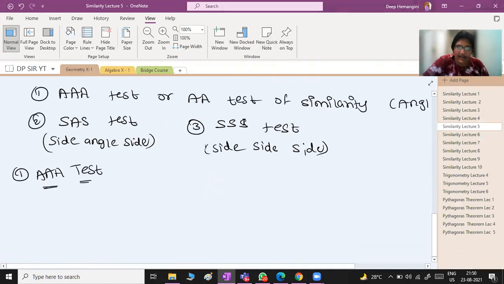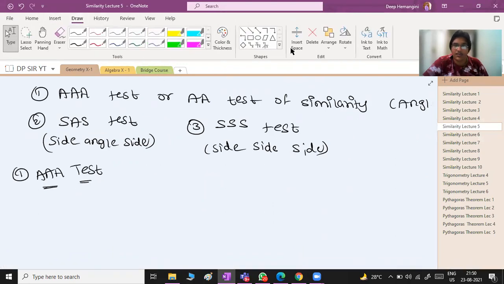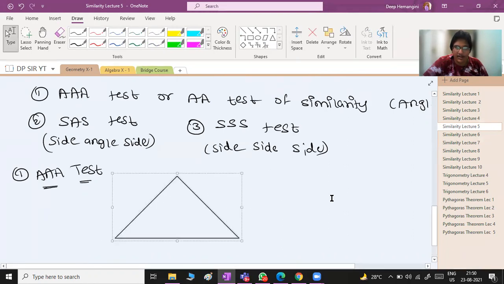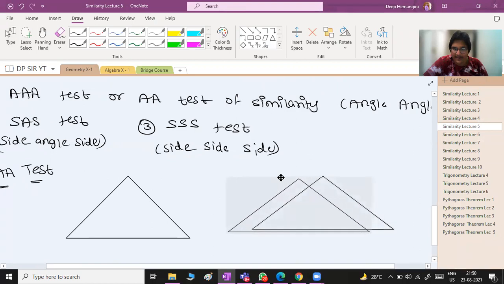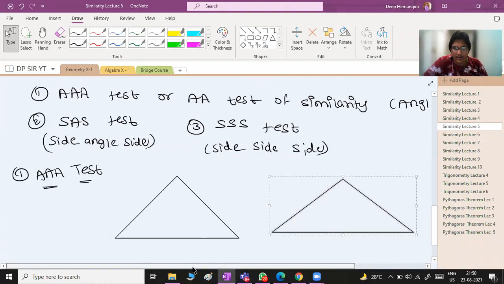Let me have triangles. ये एक triangle, ठीक है. Let me have one more triangle. ये मेरा दूसरा triangle. Let me shift it a bit here. ठीक है. And now let me do नामकरण.